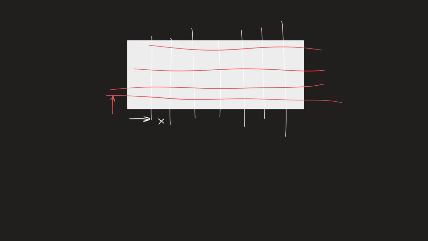Now, the reason that the actual center of mass function looks like this is because there are objects that don't have a uniform mass, that their mass changes depending on where you are in the object.